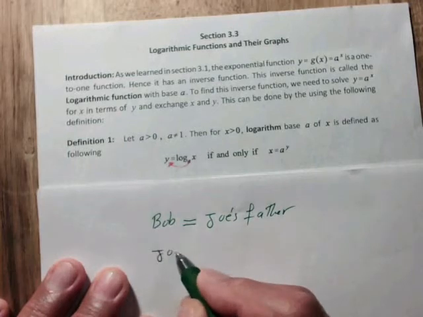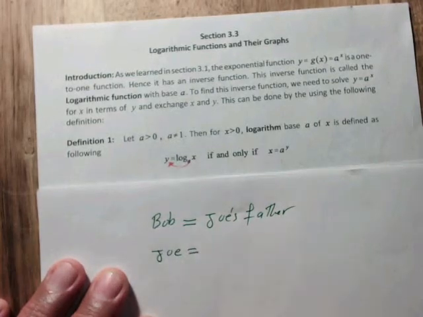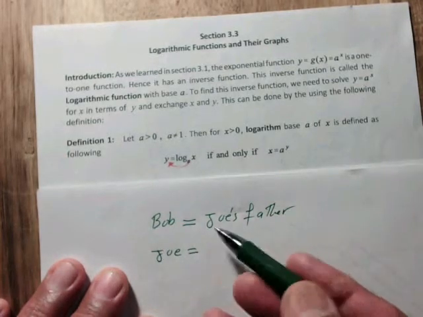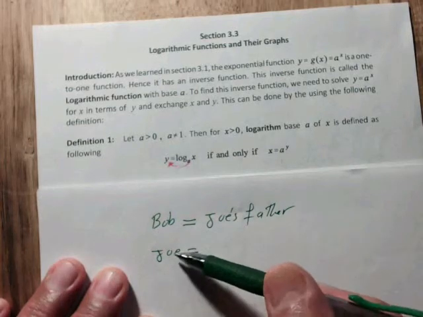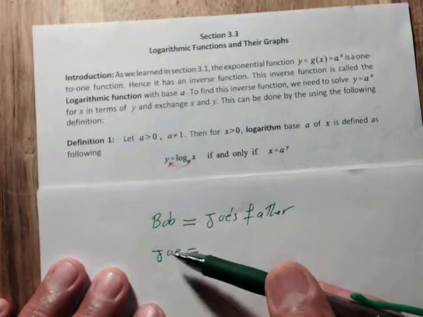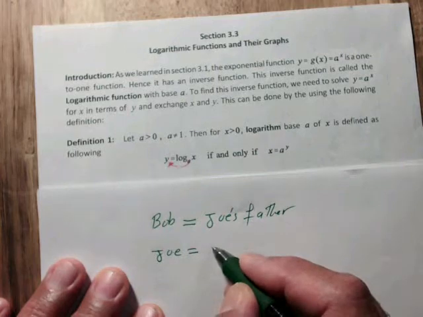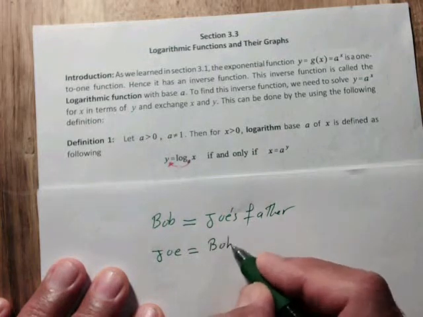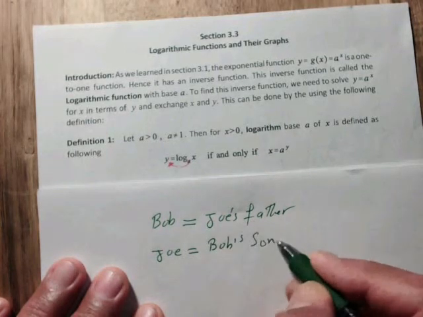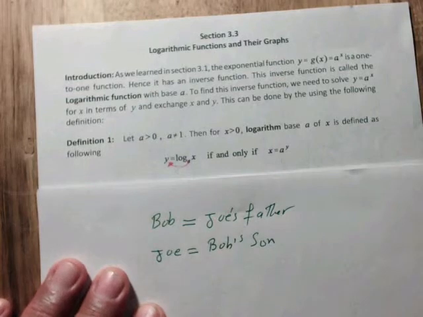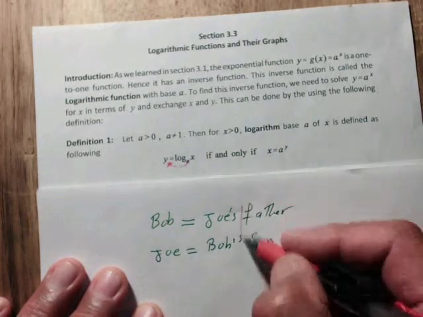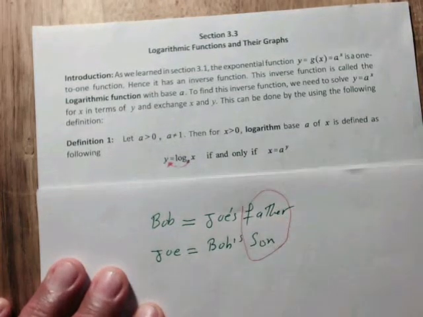If I say Joe equal to what? How can I explain this relationship by writing Joe first? So Joe is Bob's son. As you can see, two different things, father and son, define each other.